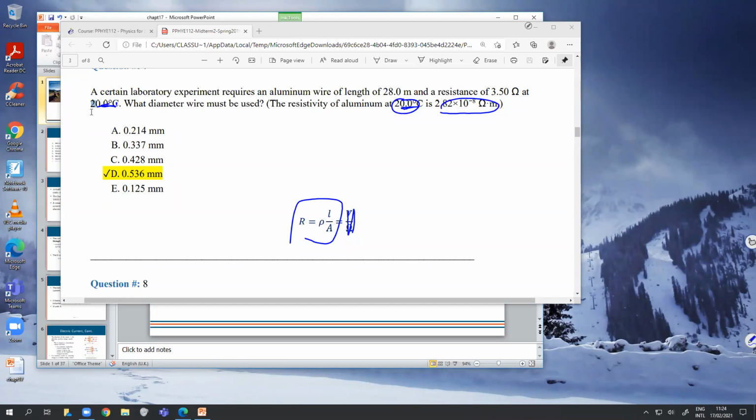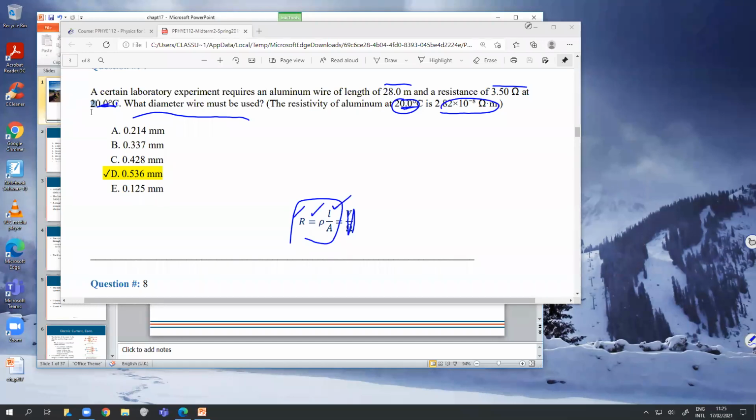So the resistivity is given to us. The length of the wire is given to us. The resistance is given to us and it is asking for the diameter. Now, you know the resistance and resistivity are connected through the length of the wire and the cross-sectional area of the wire.